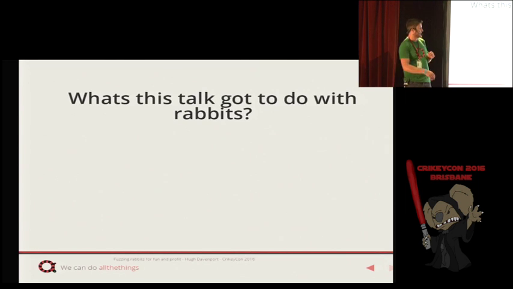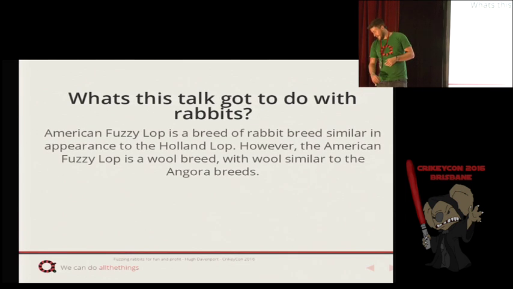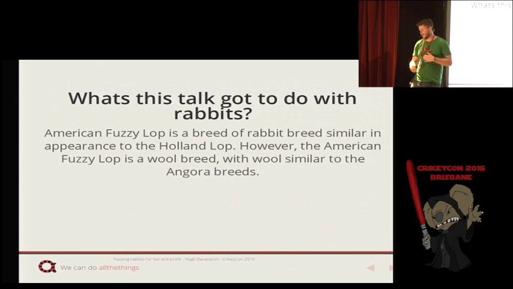So what does this talk actually have to do with rabbits? Because I can see all of you are rabbit enthusiasts. You've come to the room to hear me talk about rabbits, and so far I haven't. So here is where I start talking about rabbits. American Fuzzy Lop is a breed of rabbit which is similar in appearance to the Holland Lop. However, the American Fuzzy Lop is a wool breed with wool similar to the Angora breed.